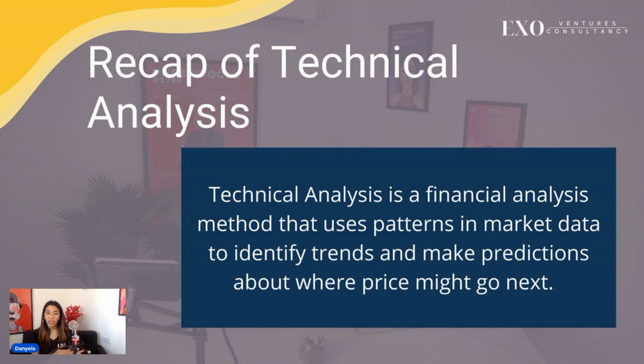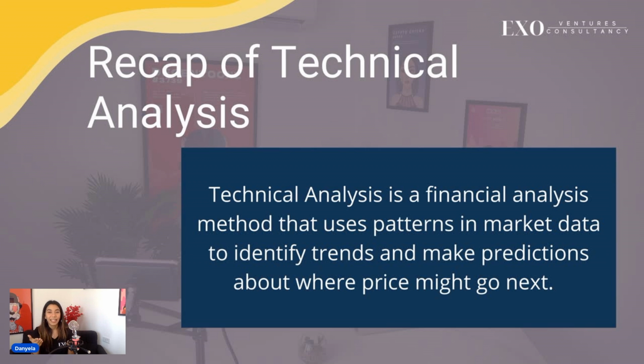If you didn't see that video, I do highly recommend that you go see it. You can probably find it in the description below. Basically, you're gathering market data, which can be price, volume, or different indicators such as the moving average, RSI, stochastic, MACD, etc. Different market data to identify trends.